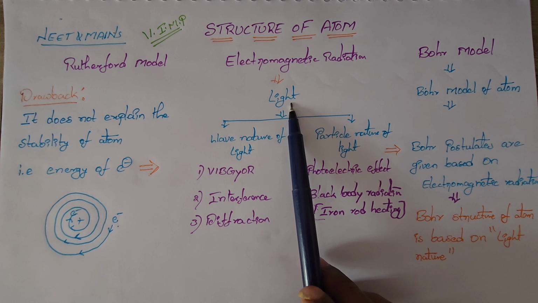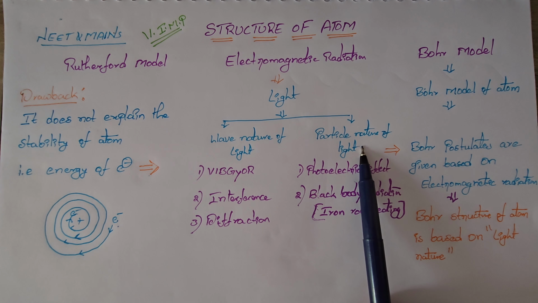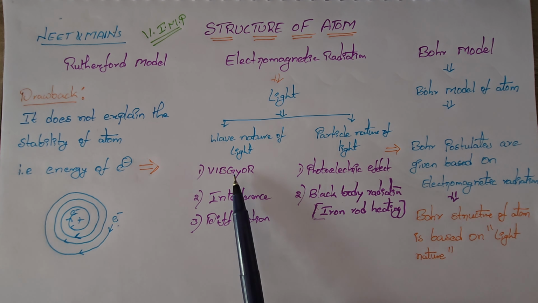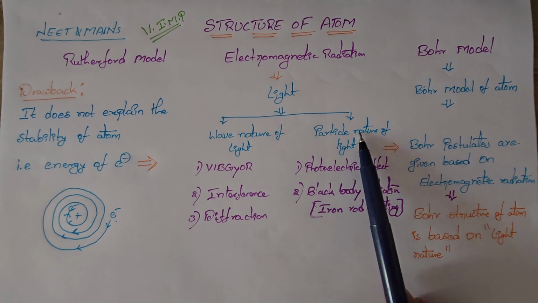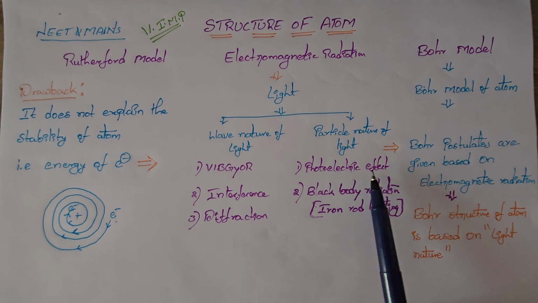Light basically has two types of nature: one is wave nature, another is particle nature. Wave nature of light is explained by three concepts: Vibgyor, interference and diffraction. Particle nature of light is explained by two concepts: photoelectric effect and black body radiation.